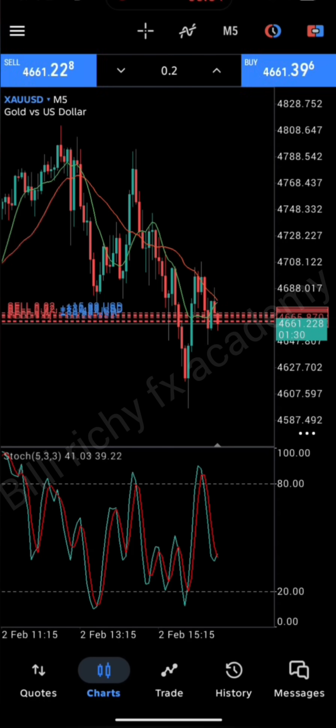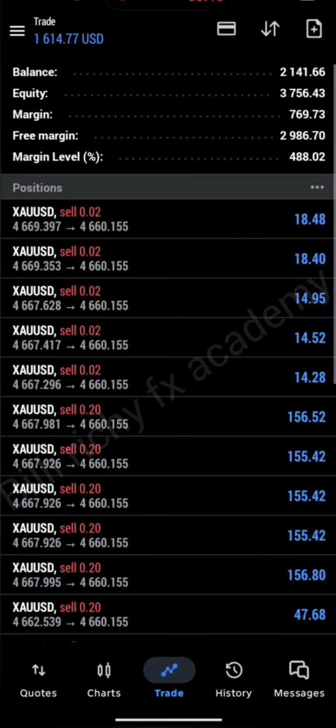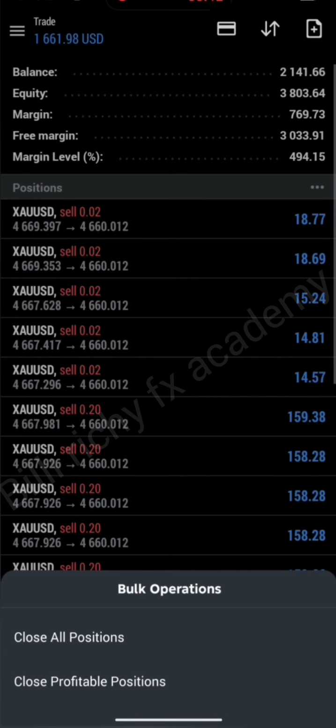Boom, guys, we are up. We are up. The market is dropping. We are up about $2,000 right now. This is flipping and this is full margin, so you have to be very fast.